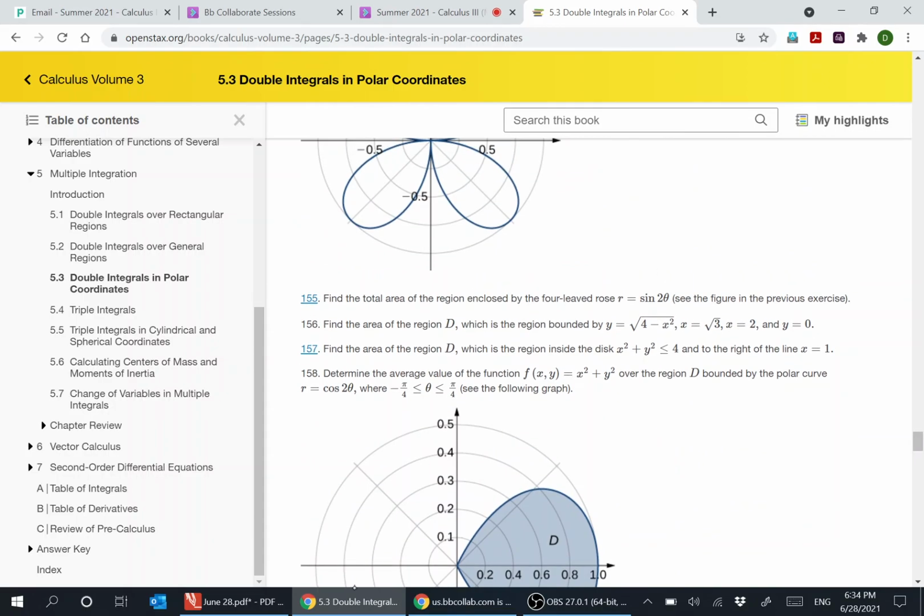All right. Find the area of a region D which is bounded by, so this is the circle of radius 2, the line x equals root 3, the line x equals 2, and y equals 0.